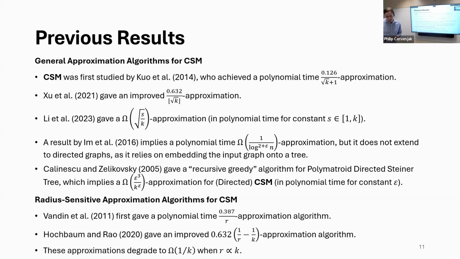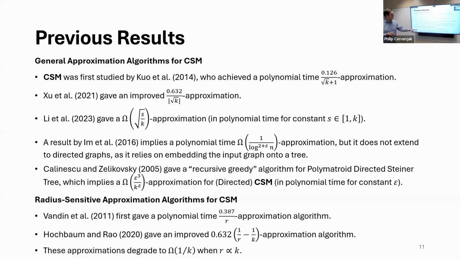Now, as for these radius-sensitive approximation algorithms, so algorithms where the approximation depends on this radius parameter, only 2 previous works have looked at it. Bandin gave a 0.387/r approximation algorithm in polynomial time. And then Hochbaum and Rao improved this by a constant factor again. You might notice that these approximations, although for very small r they're definitely better than the previous ones, the dependence on r is not the same, so it's not like a 1/square root of r.